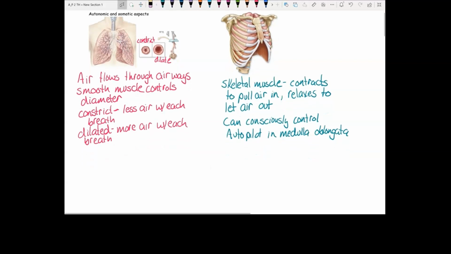And since there's smooth muscle, remember smooth muscle is always involuntary. So these are controlled by the autonomic nervous system. And that's where we have our two divisions, sympathetic and parasympathetic. And this control comes from the medulla oblongata.